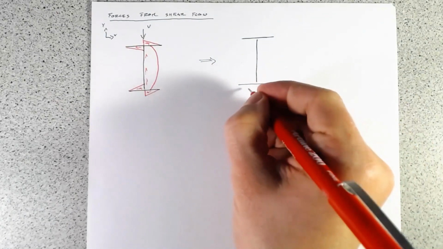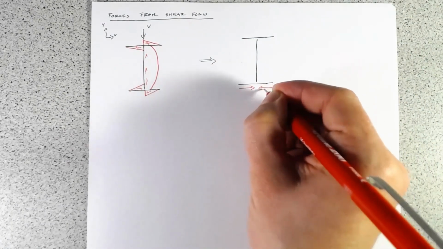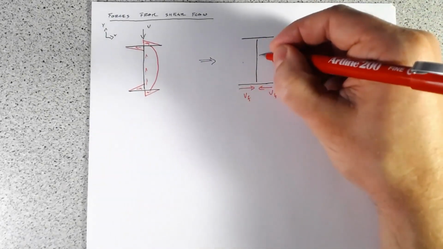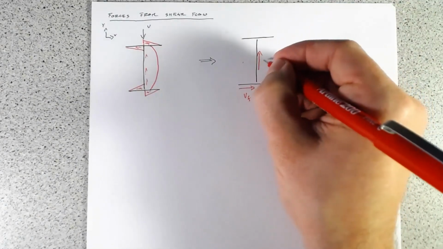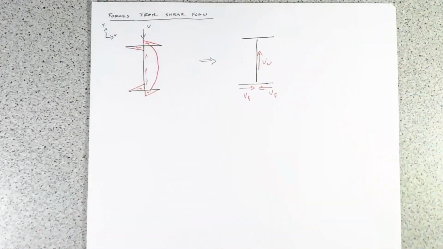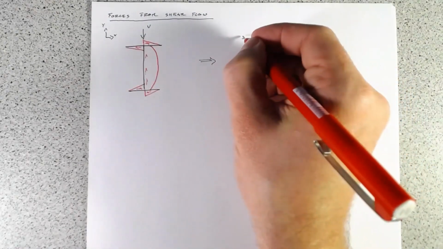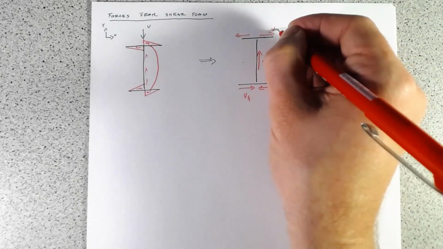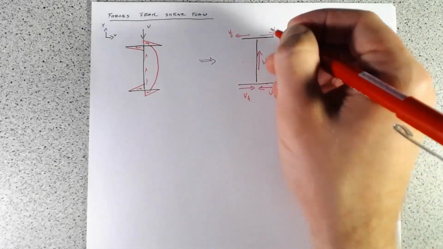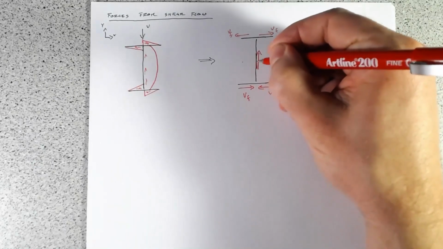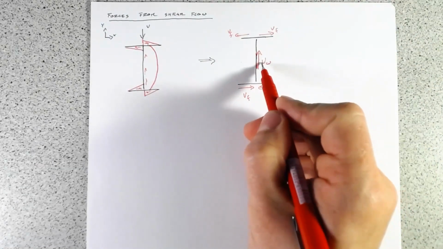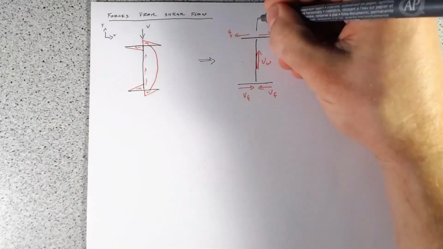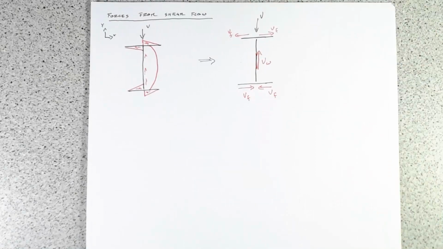Well, we're going to have some V_F coming in, some force V_W of the web going up, and some force V_F going out. Keep in mind that this force in the web is acting right in the middle of the web, and then we have some V coming down.